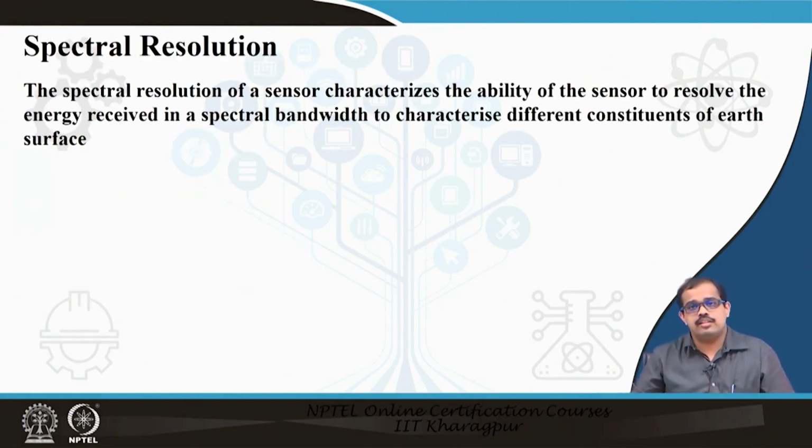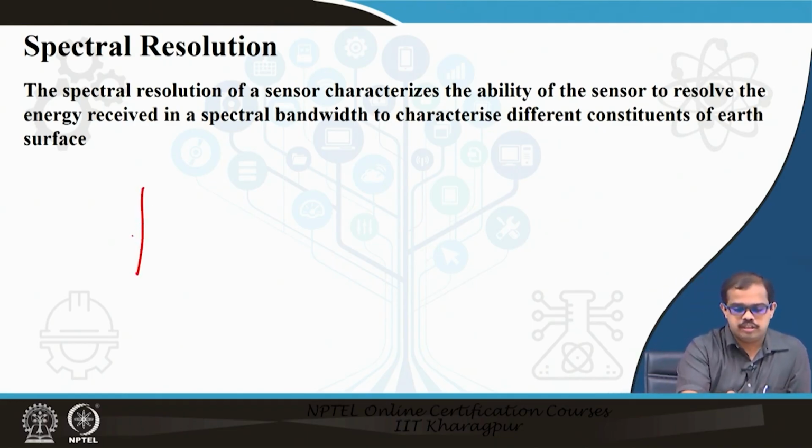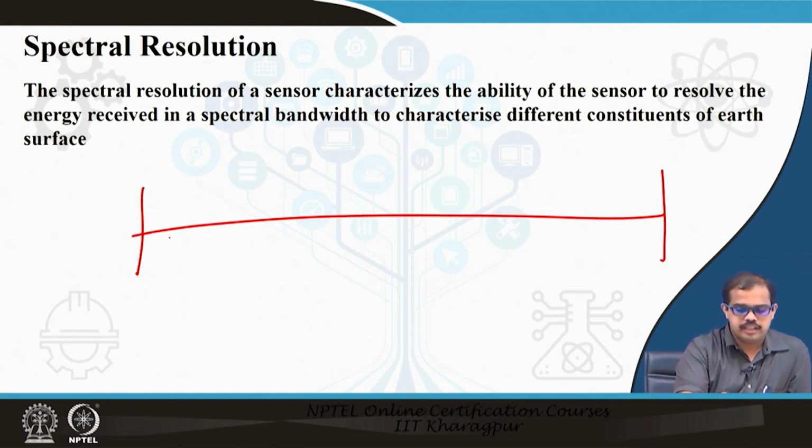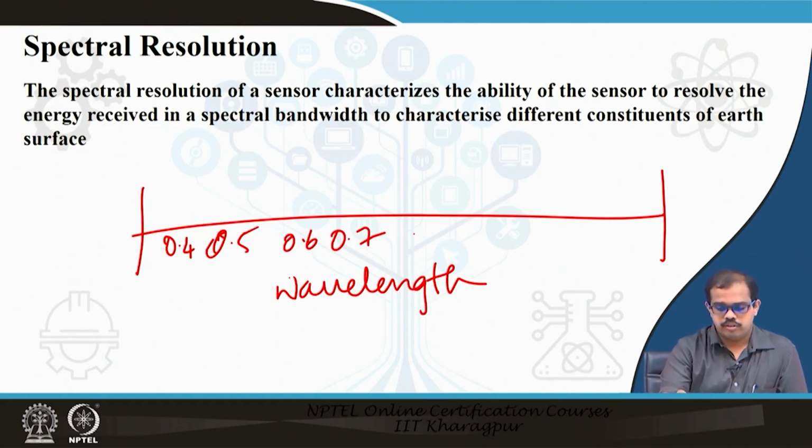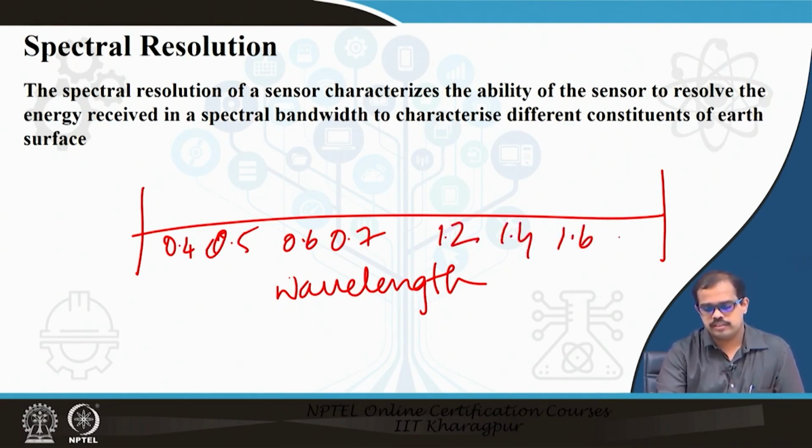The first thing is spectral resolution. When we have looked at the EMR spectrum, let us say these are the wavelength points: 0.5, 0.6, 0.7, then 1.2, 1.4, 1.6, then 1.8 and so on.